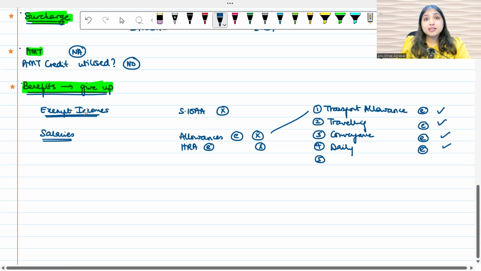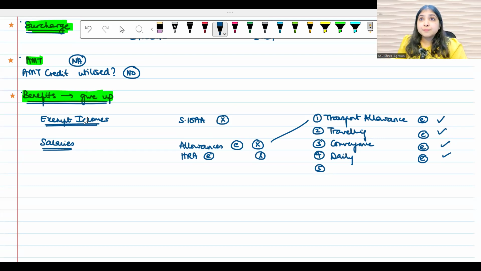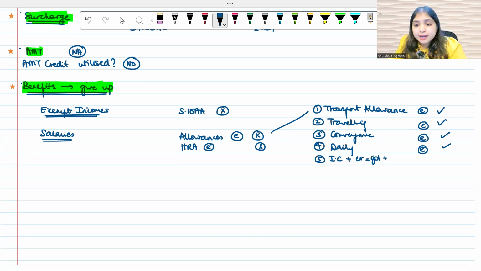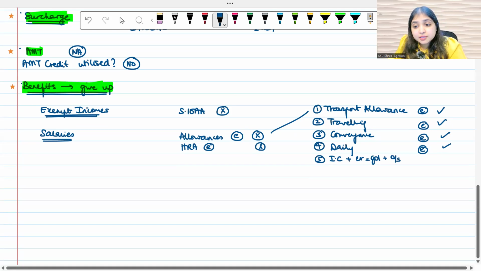Then, if the assessee happens to be an Indian citizen, and the employer happens to be the government of India, and this employee is rendering services outside India, you know this, right? There's a special provision that even though he's rendering services outside India, whatever salary income he earns is deemed to accrue in India.